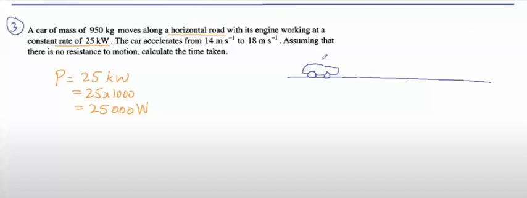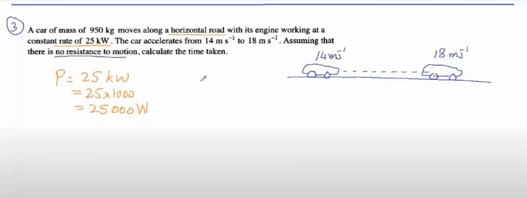So then it is going on a horizontal road. So we can draw the situation: this is a horizontal road and this is the car.